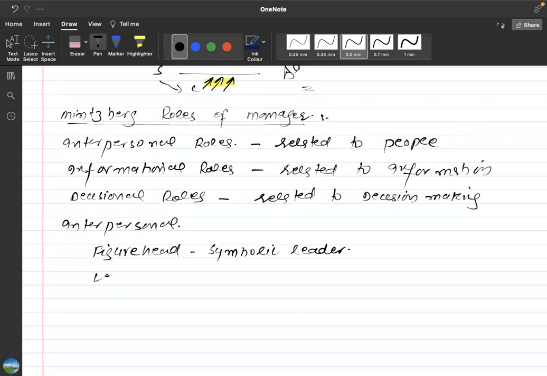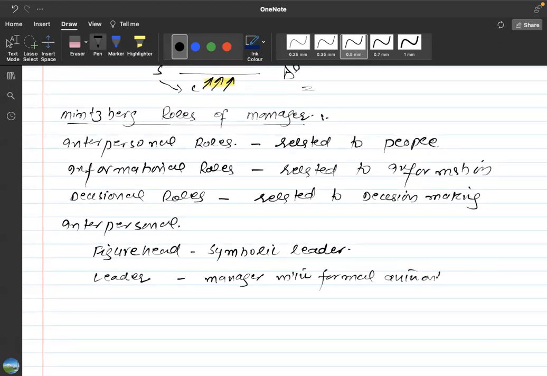Then we have leader, the manager with the formal authority. The leader is doing all the management functions that we have earlier talked about in Henry Fayol's theory.